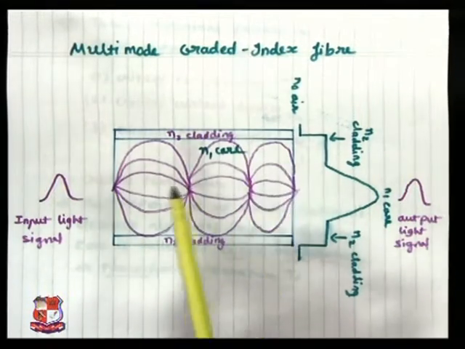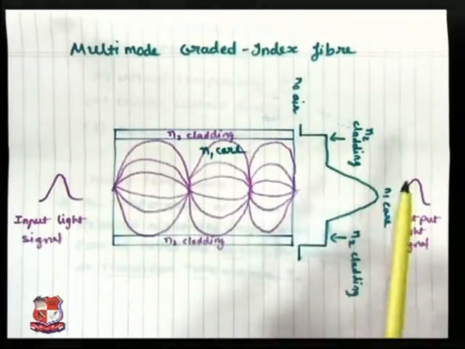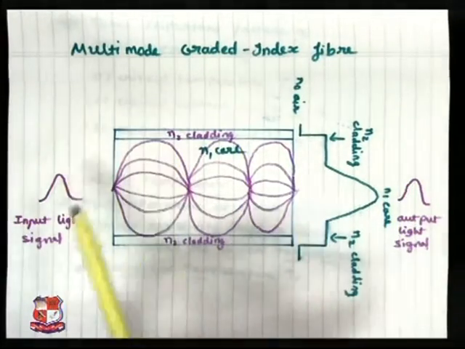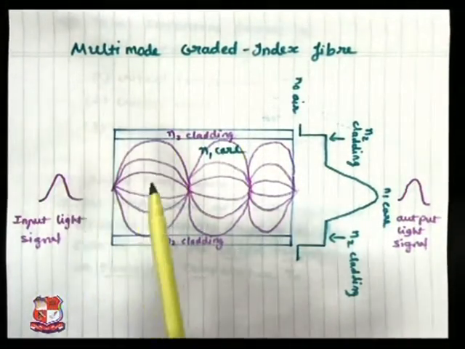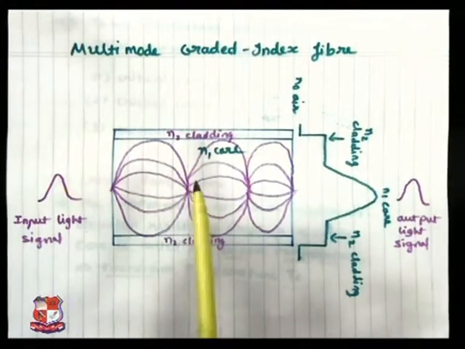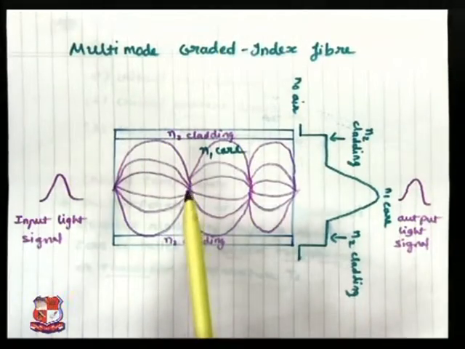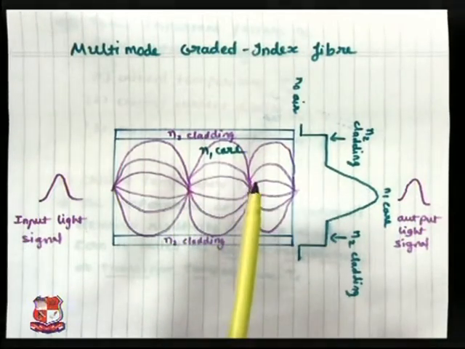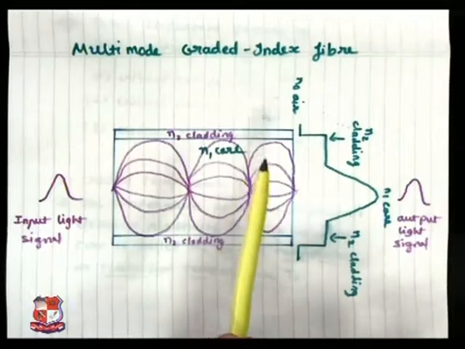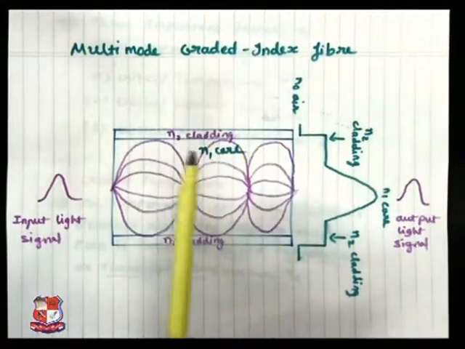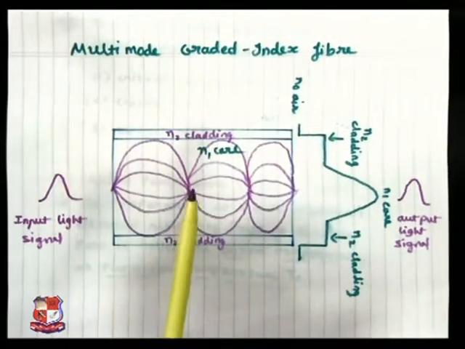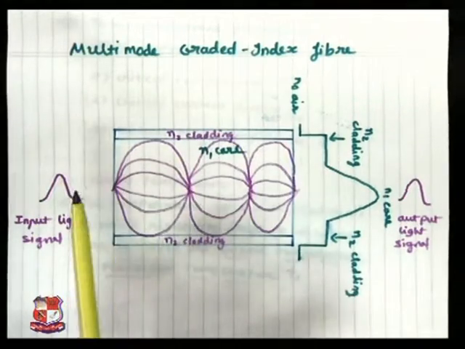optical fiber. That means when light input or signal input is given or the light ray is transmitted through this optical fiber, this light ray will constantly get reflected and bend at the interface and will pass through this denser region, and it will try to penetrate to the denser region of the interface.